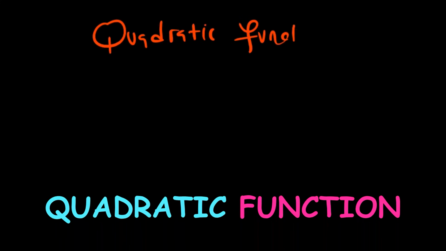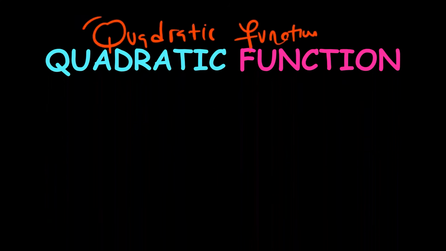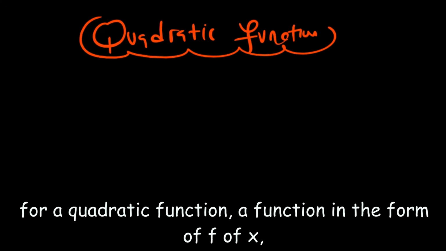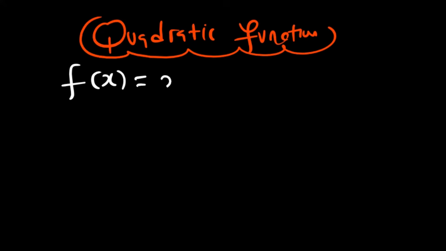Then if we're going to talk about a quadratic function, for a quadratic function, a function in the form of f of x, let's say, equals x squared plus 1.